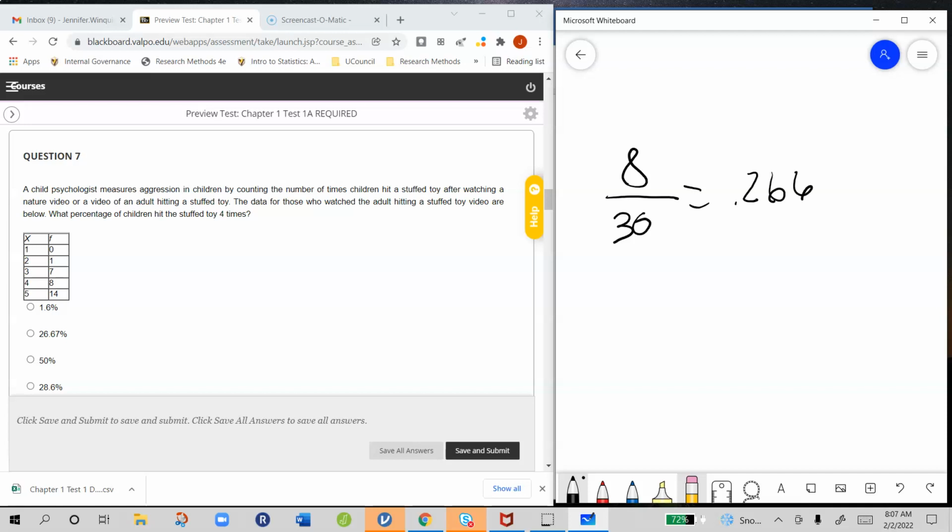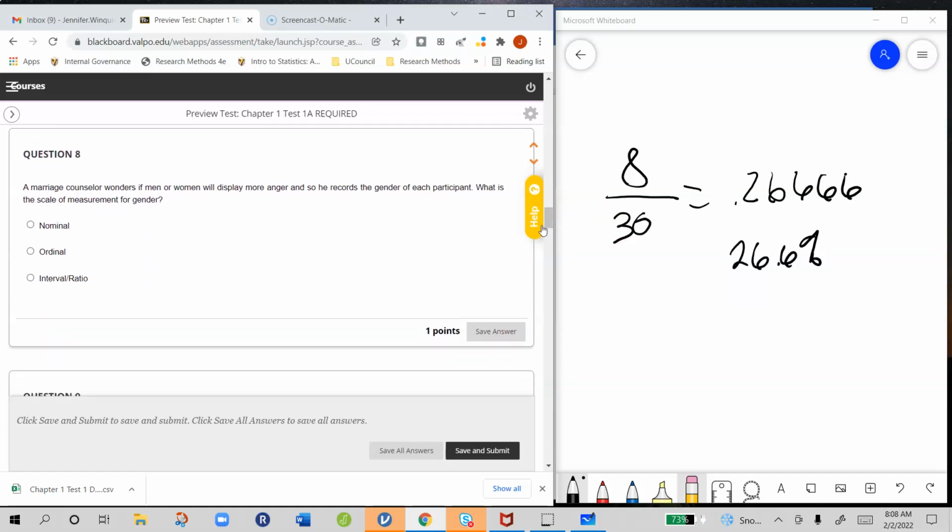If I turn that into a percentage, I get 26.6%, or 26.67%. To turn it into a percentage, you divide by the total number of people in the data set.